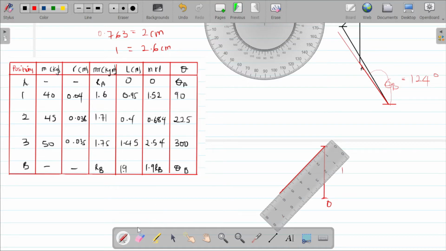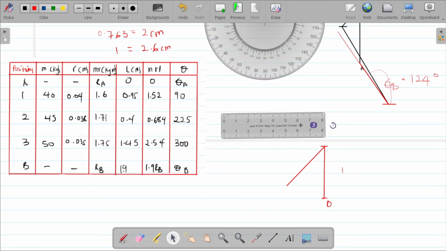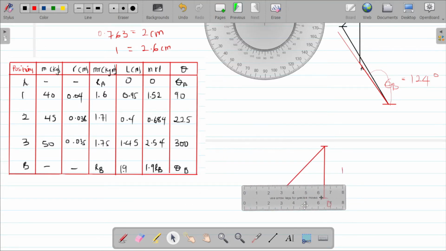So okay, the next is to draw the horizontal line again.